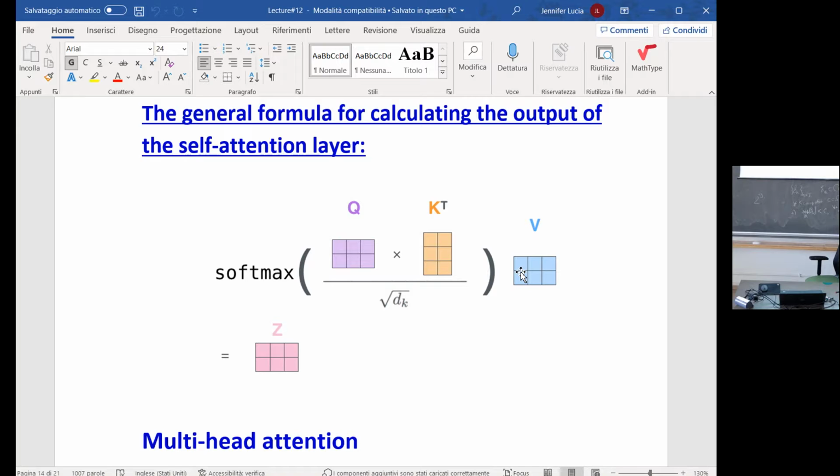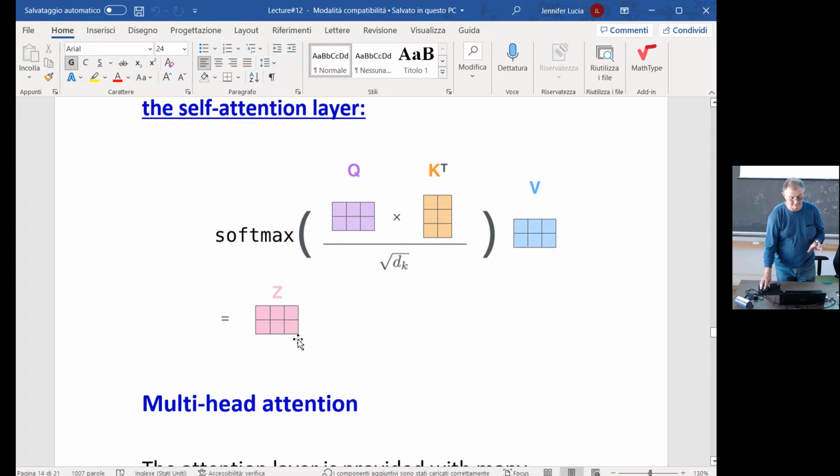There is also some quantum operation in quantum calculus. I will remember the name later. So this is the operation of element-wise multiplication of matrices, and we have the resulting matrix Z.